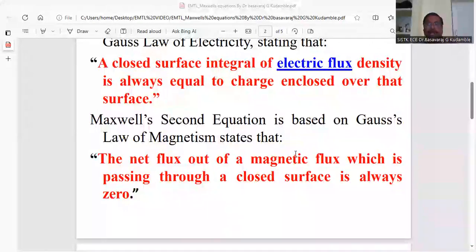If you take any small piece of a magnet, it still has 2 poles. For a closed loop, the outgoing magnetic field is equal to the incoming magnetic field, so the total net magnetic flux is equal to 0. This is given by Gauss law for magnetism, and we call it Maxwell's second equation.